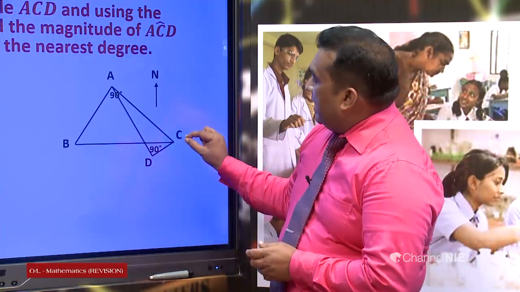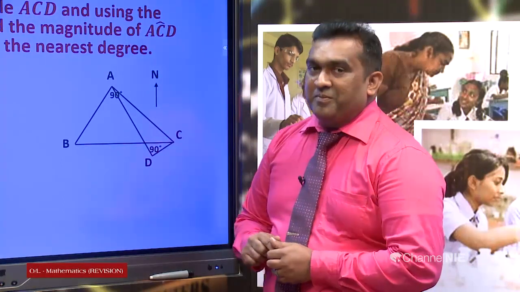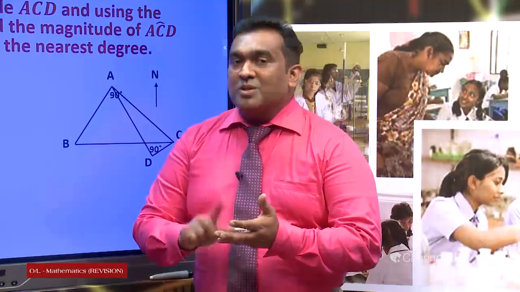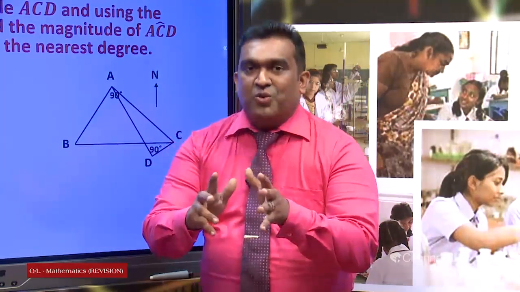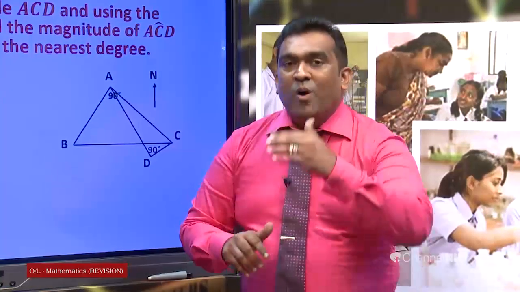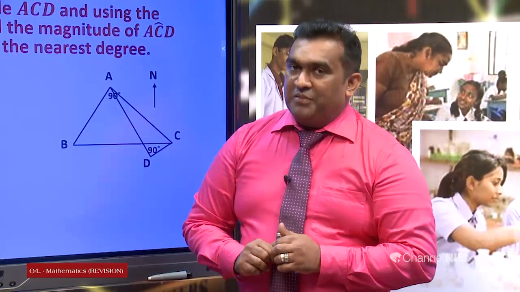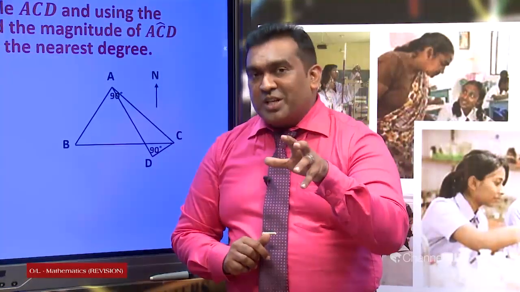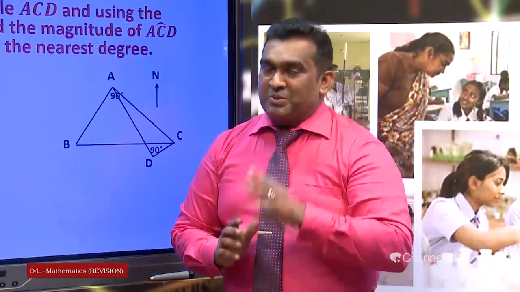You can apply a trigonometric ratio with this angle, sine, cos or tan. If you want to apply sine ratio, you want opposite side and hypotenuse. If you want to apply cos ratio, adjacent side and hypotenuse.